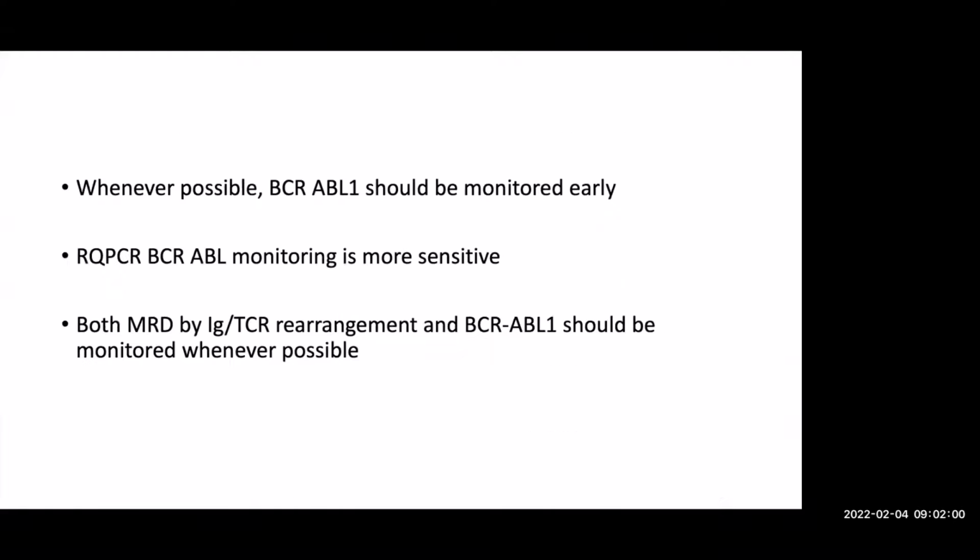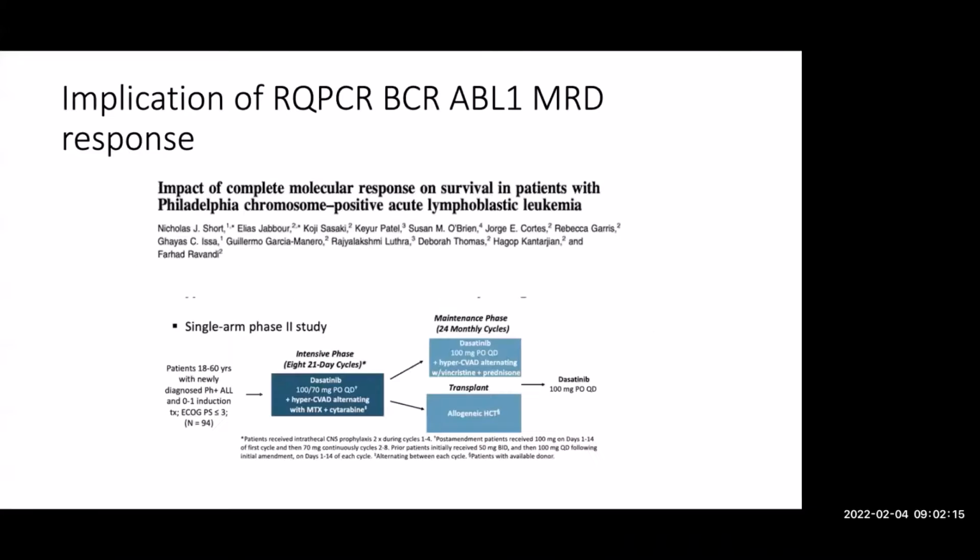But the conclusion currently is that whenever possible, BCR-ABL should be monitored early. RQPCR BCR-ABL monitoring is more sensitive than flow cytometry monitoring, and if we are able to monitor both, that would be the best scenario.